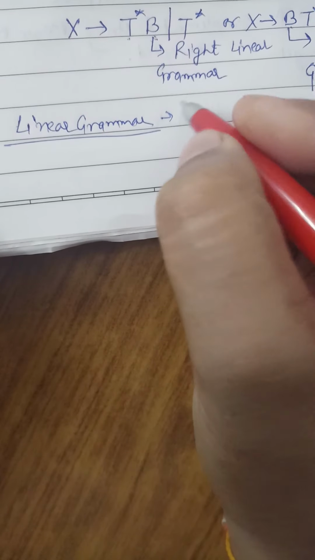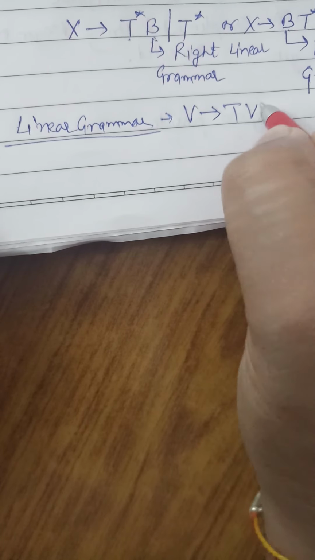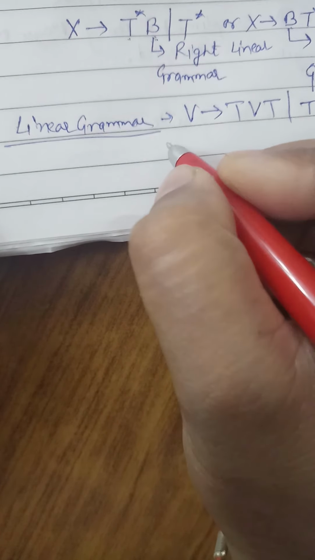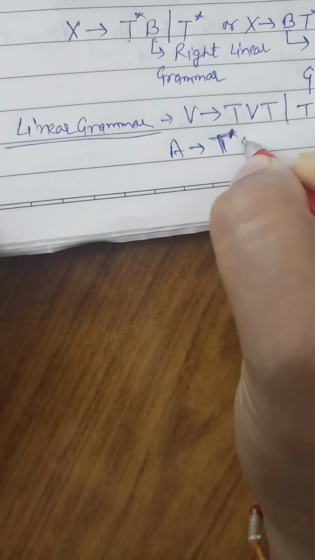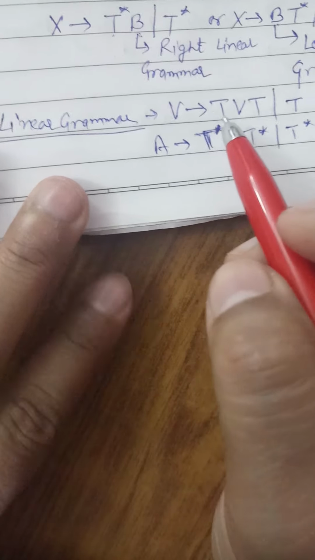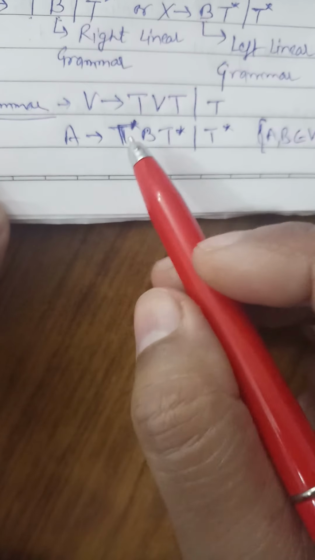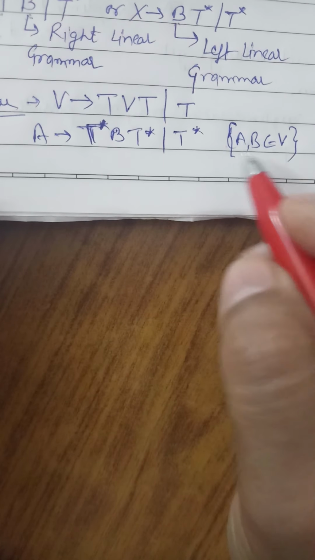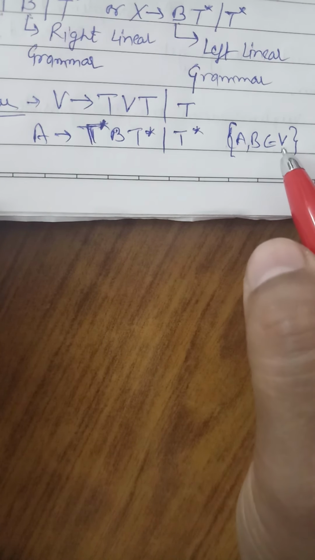Linear grammar can be: variable tends to terminal variable terminal, or terminal, or we can say A tends to terminal star, variable, terminal star, or terminal star, where A, B belongs to V. We can write linear grammar like this also: A tends to t star B t star or t star, where A and B belong to V. That means A and B both are non-terminal or variable.